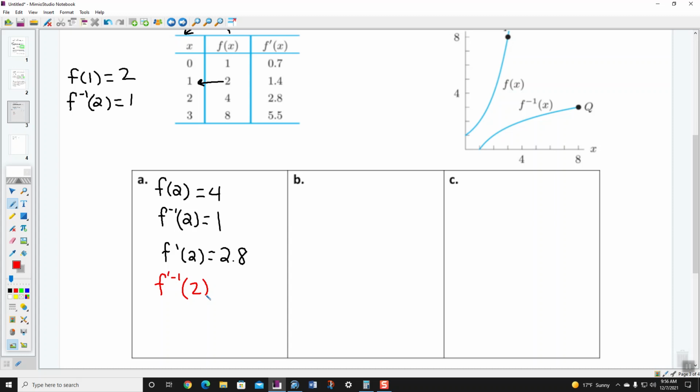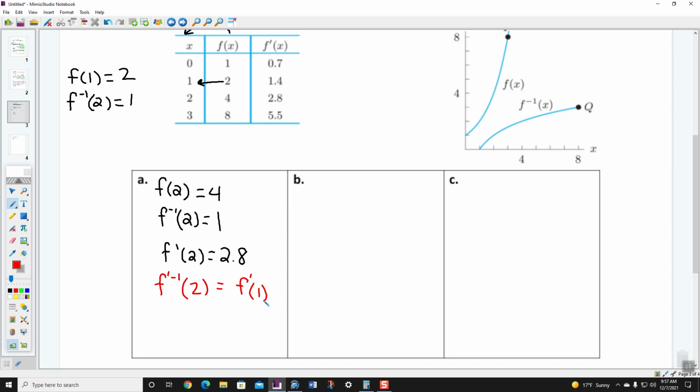So wouldn't the derivative of the inverse of 2 be the same as the derivative of, where did f inverse of 2 map back to? 1. Wouldn't that be the same as f prime of 1, but the derivative of the inverse is the reciprocal of the original function.